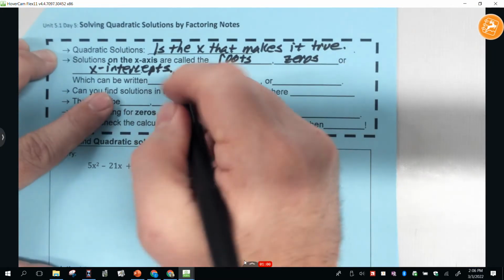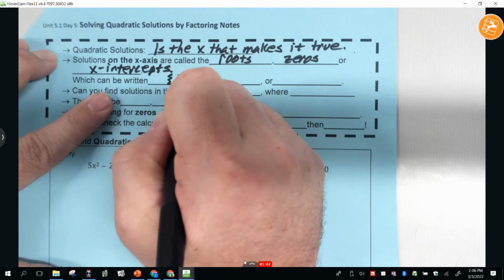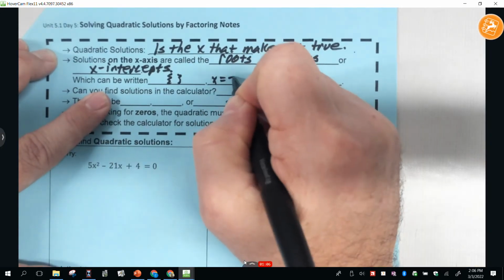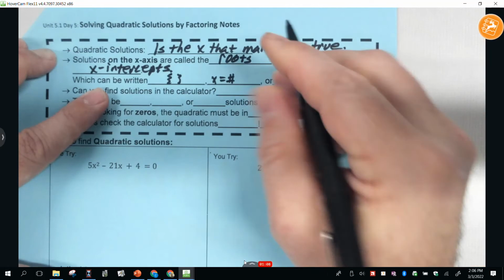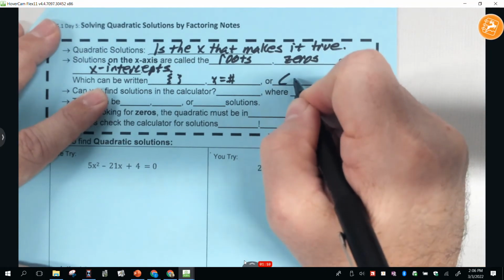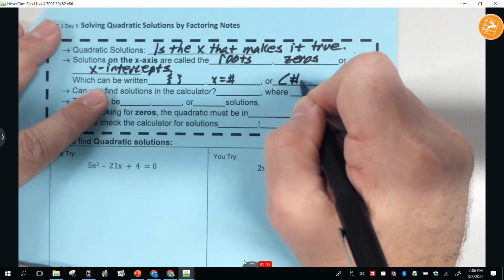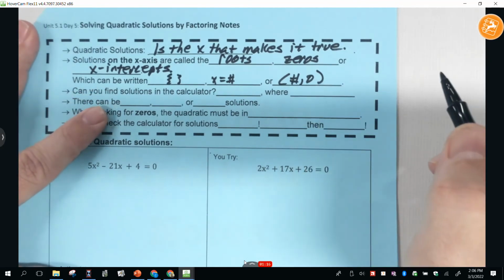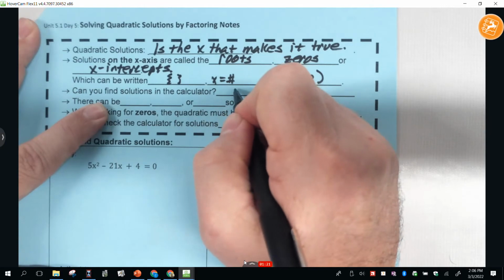So roots, we use the squigglies. Zeros, we write them as x equals, and then it'll be some number. And our x-intercepts, we write those as a number, and then your y value is always 0. Can you find the solutions in the calculator?